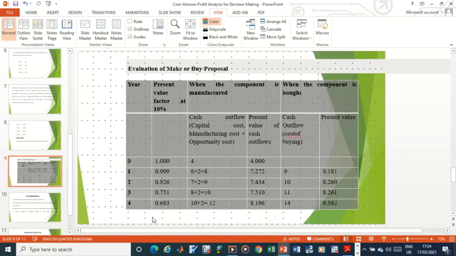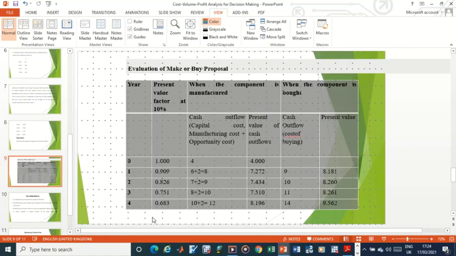Given this difference, I repeat, it will be better for Adefolaju Nigeria Limited to buy the products from an outside supplier. So with this quantitative analysis, management can decide whether to buy or to produce a product.